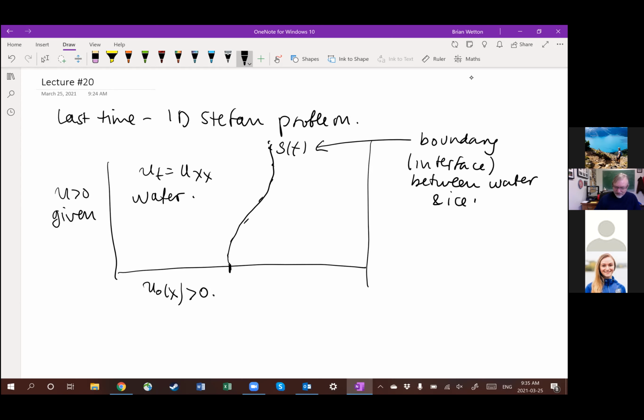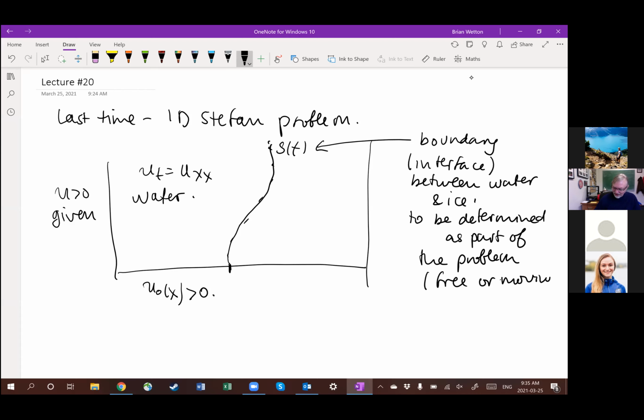And this is to be determined as part of the problem. So that makes this a free, or sometimes free boundary value problems are intended to mean steady state.